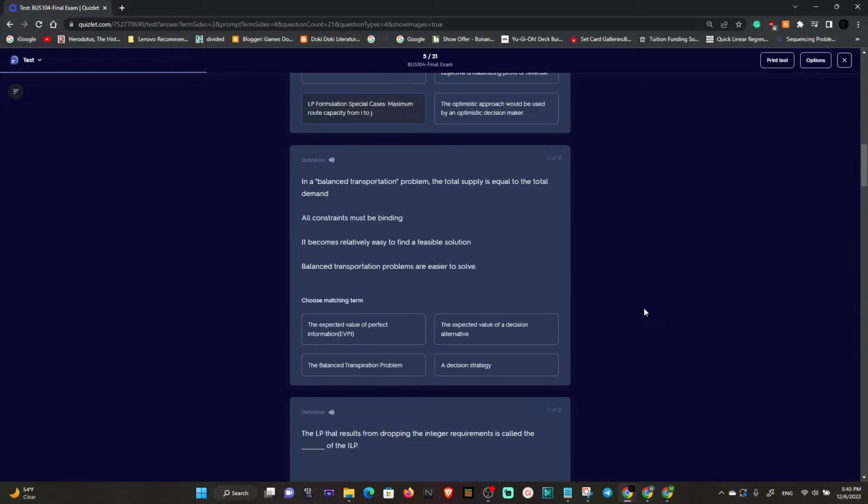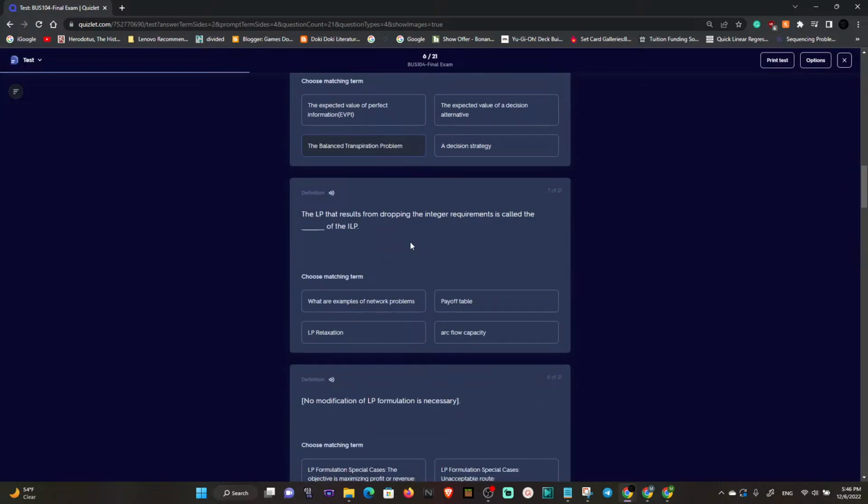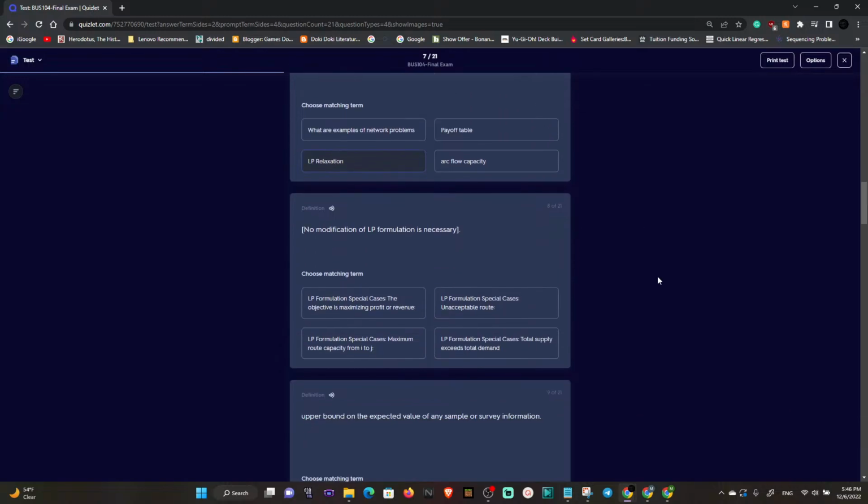LP for. Yeah. Go. In a balanced transportation problem, the total supply is equal to the total demand. All constraints must be binding. It becomes relatively easy to find a feasible solution. Balanced transportation problems are easier to solve. This is the balanced transportation problem. Yep. The LP that results from dropping the integer requirement is called the LP relaxation of the ILP.